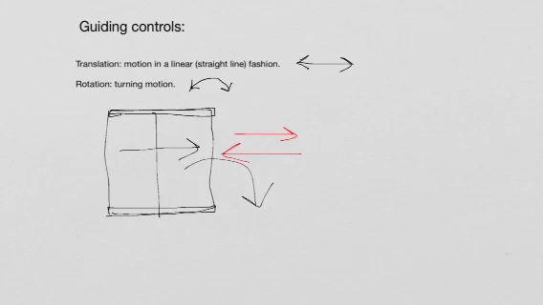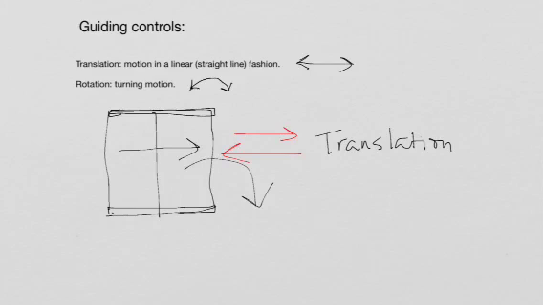That is translation. So the answer here is: what kind of guiding is involved with the window frame and the window pane? The pane is the actual piece of glass that moves back and forth, and the frame is forcing it or guiding it to move in a translational fashion.